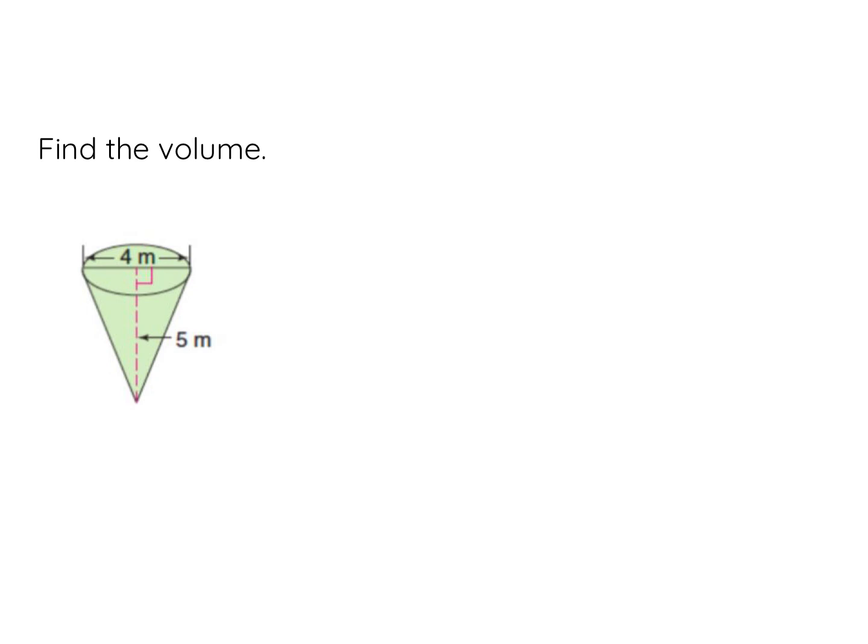All right, volume of a cone. Here's our base, so then this is our height. We're given this distance, so the diameter is 4 meters. Again, to find the radius, which is what we need, we're just going to take that in half.